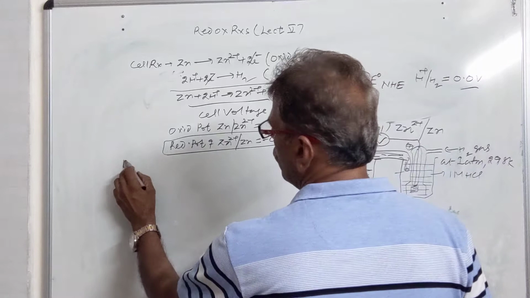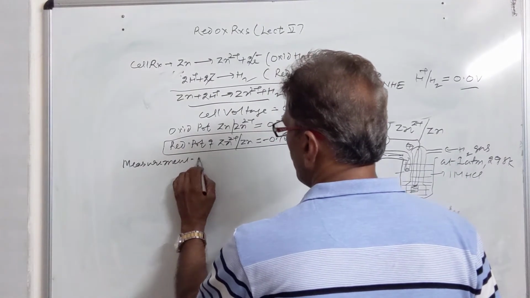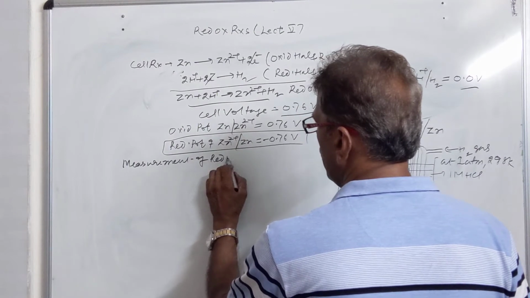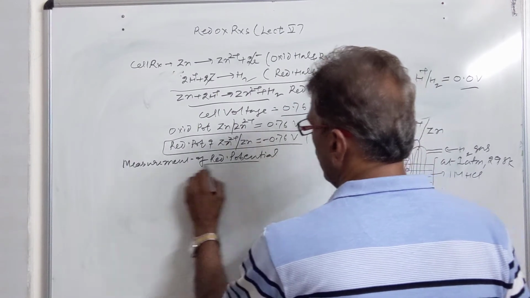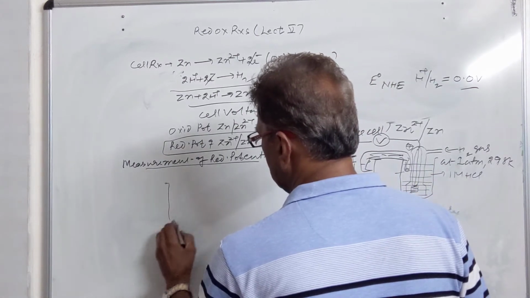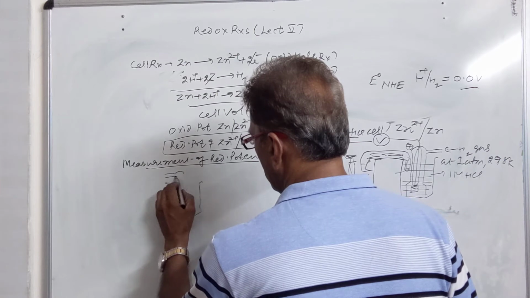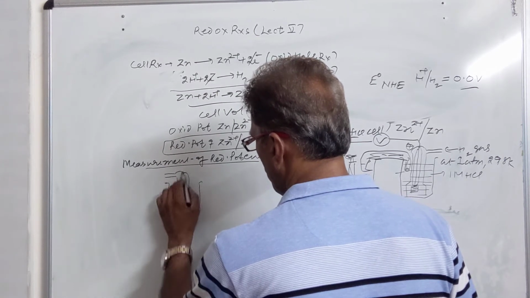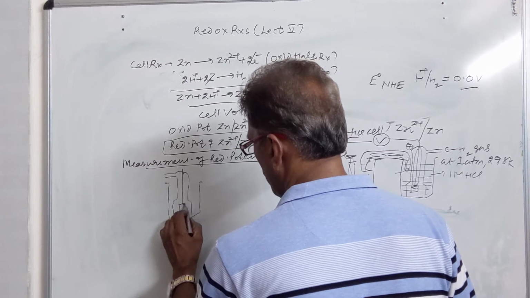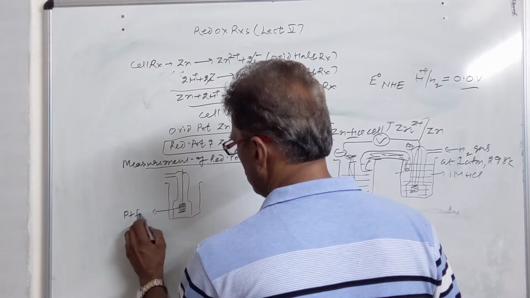Now we come to the measurement of reduction potential of an electrode. For this purpose, NHE is now connected to an electrode which will be accepting electrons from NHE. This is platinum foil.